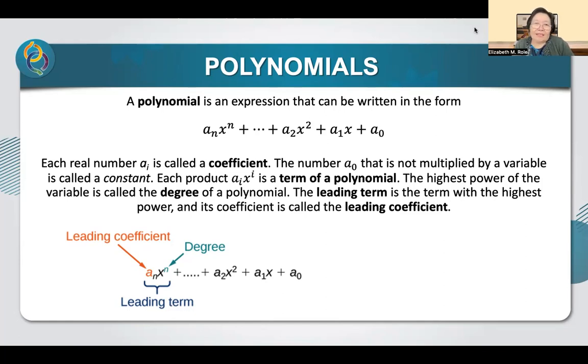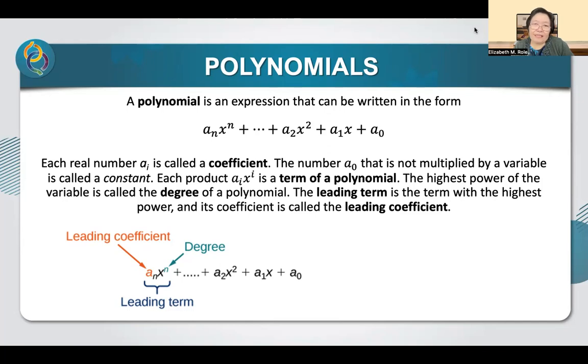We learned about algebraic expressions last time, but we now extend that into polynomials with the general form of a polynomial: a sub n, x to the n, plus, and so on and so forth, a sub 2, x squared, a sub 1. In our algebraic expression, any real number that precedes the variable is a coefficient.